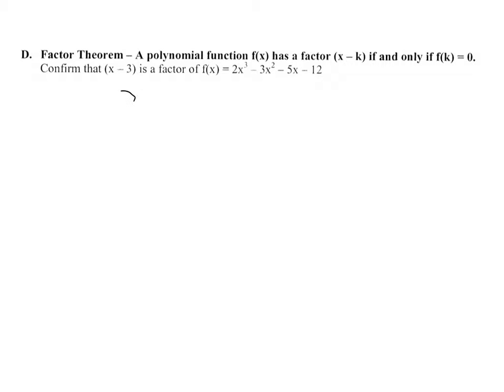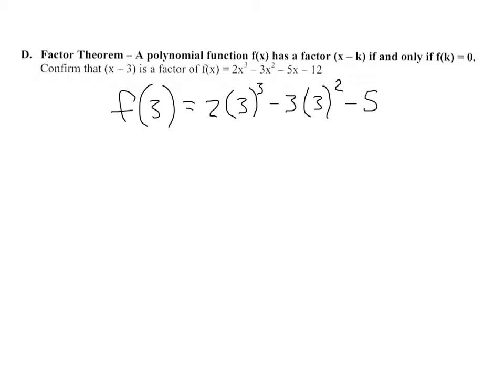So I want to look at f of positive 3, which would be 2 times 3 cubed minus 3 times 3 squared minus 5 times 3 minus 12. So I go through again, try to do this with some mental math here. 3 cubed, 3 times 3 times 3 is 27, times a 2 is 54. 3 squared is 9, times another 3 is 27, so we have a minus 27, then a minus 15, and a minus 12.